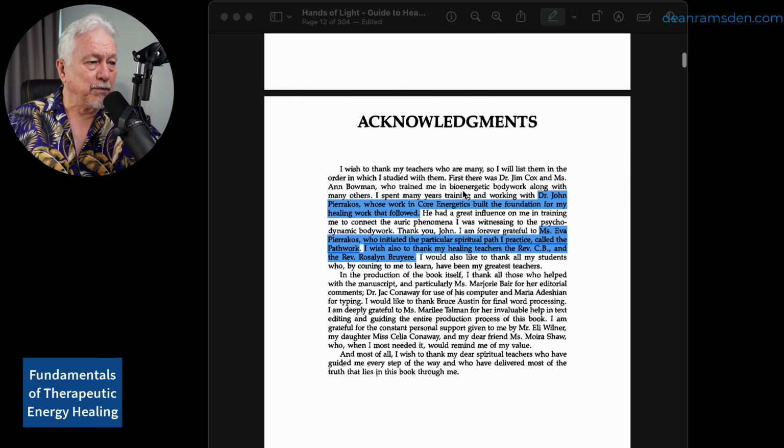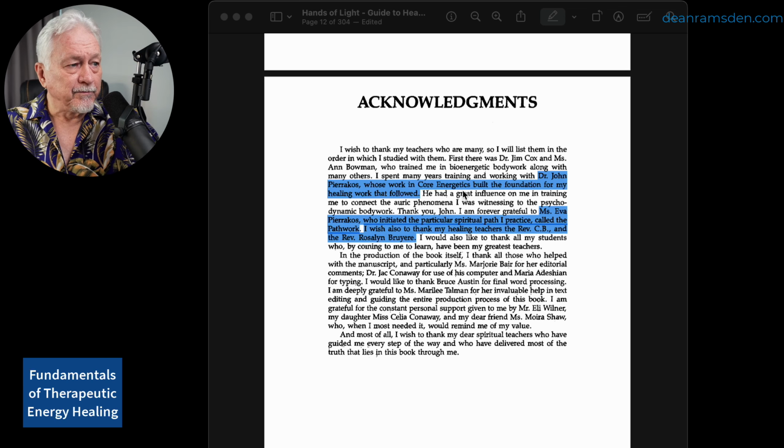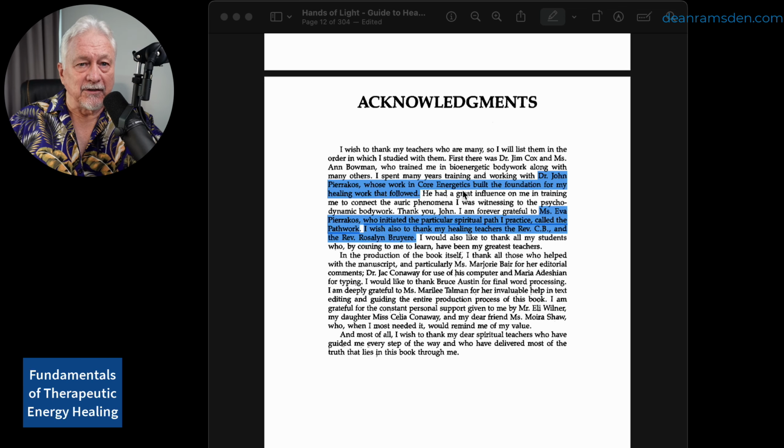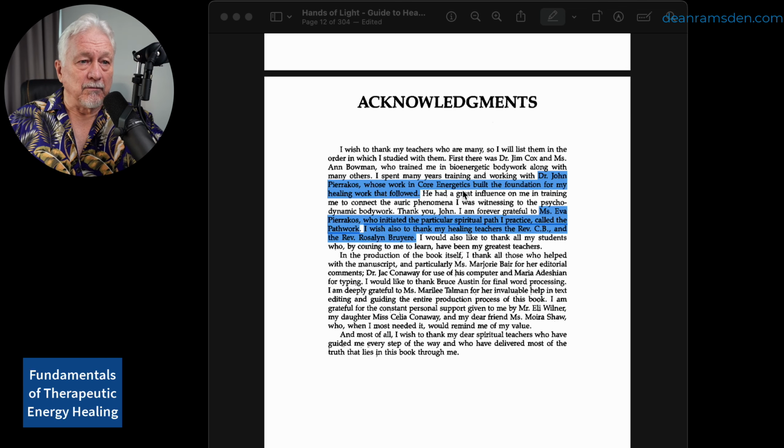And I'm just going to pause before we get into that, because in the Acknowledgements page, you find the major influences on Barbara's work. You find her acknowledgement of John Pierrakos. Barbara Brennan was a core energetic therapist, and before that, a Pathwork helper.